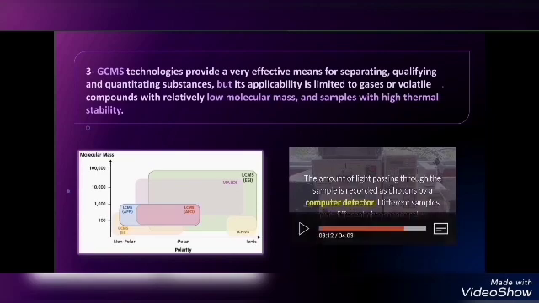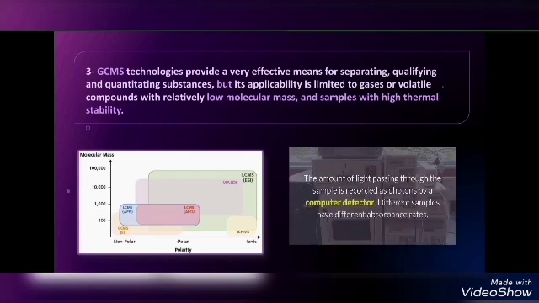The amount of light passing through the sample is recorded as photons by a computer detector. Different samples have different absorbance rates.